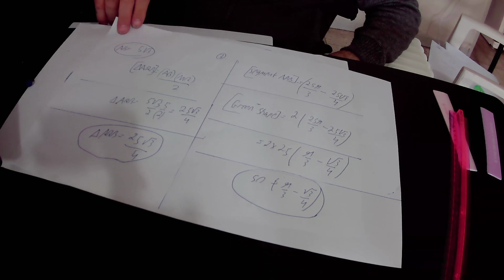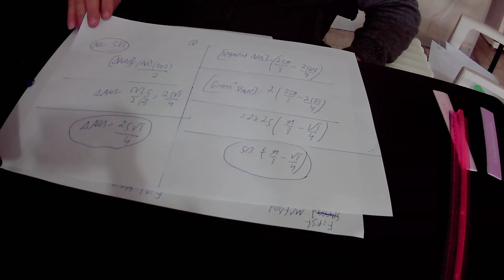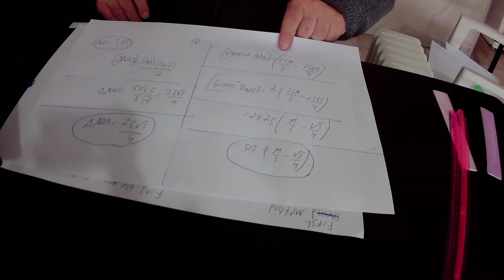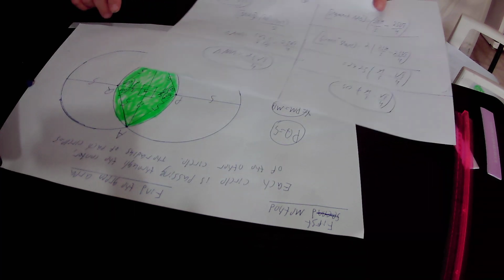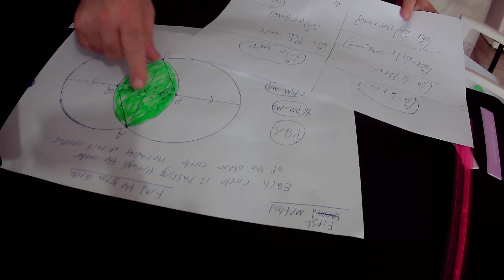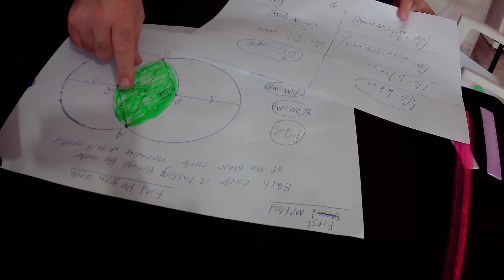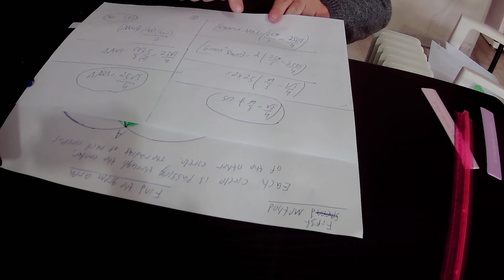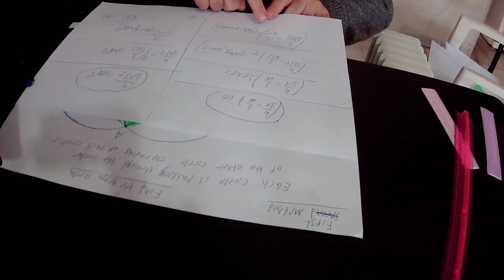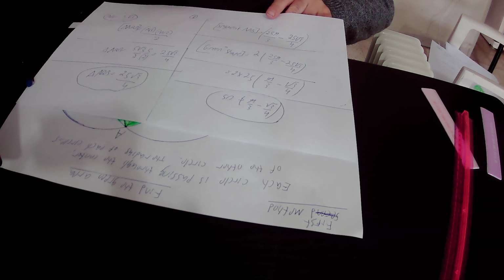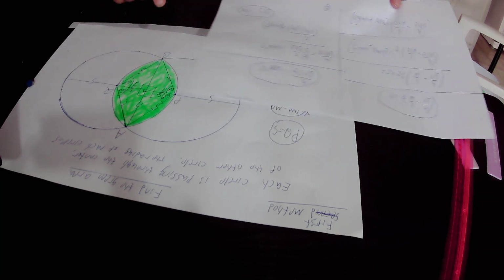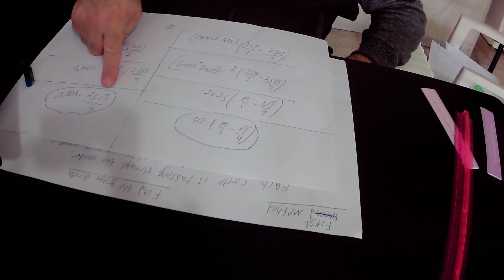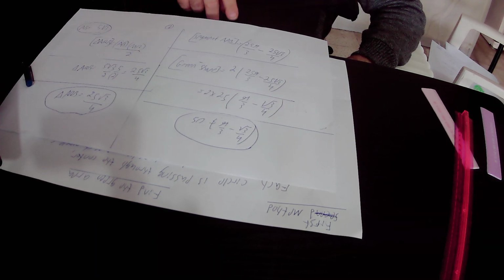And the area of segment APB equals the area of sector AQB, that is 25 pi over 3, minus the area of triangle AQB, that is 25 times square root of 3 over 4.